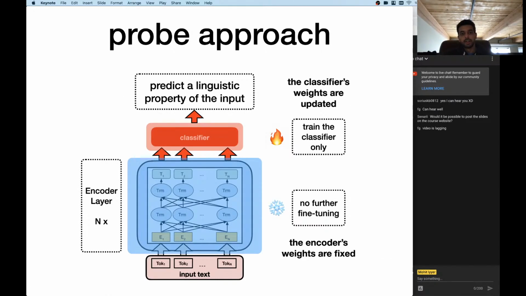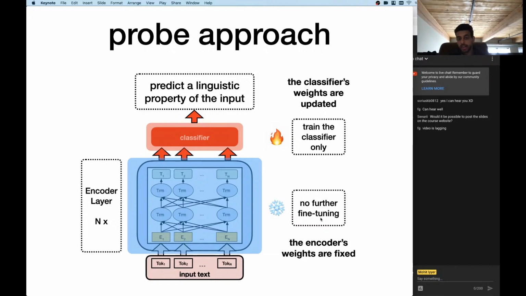So this slide is just an overview, just to make things as clear as possible about how this works. The blue part here is your encoder model, like BERT or RoBERTa, the model that you're interested in probing. And so you can see that the blue model here is not fine-tuned.